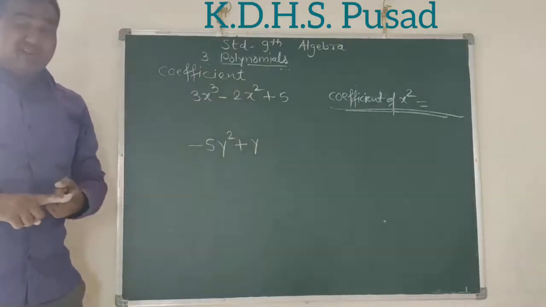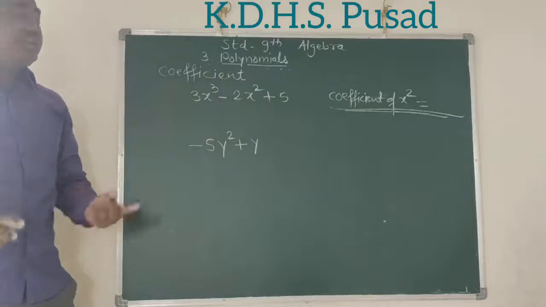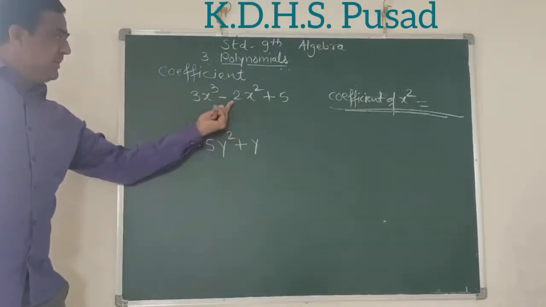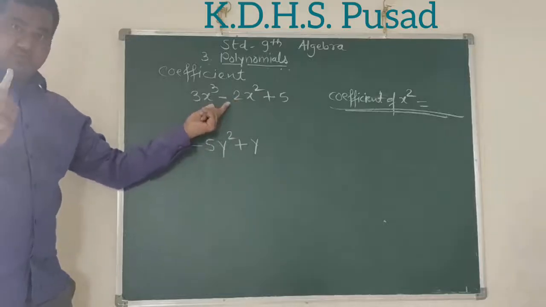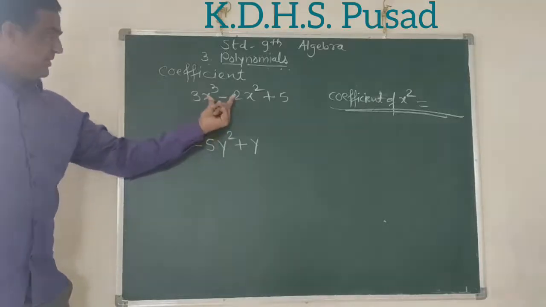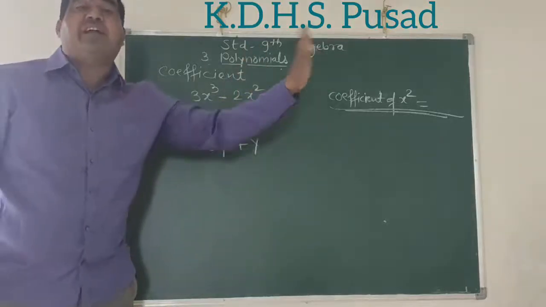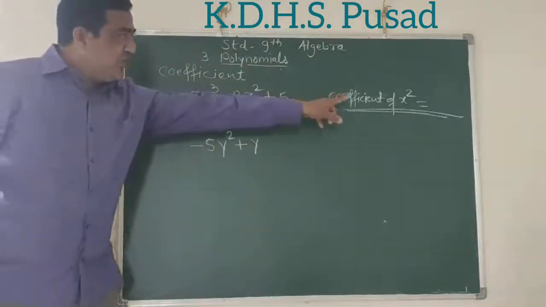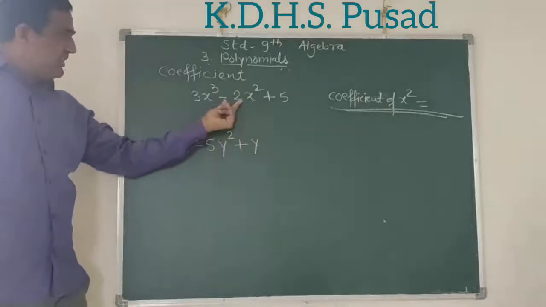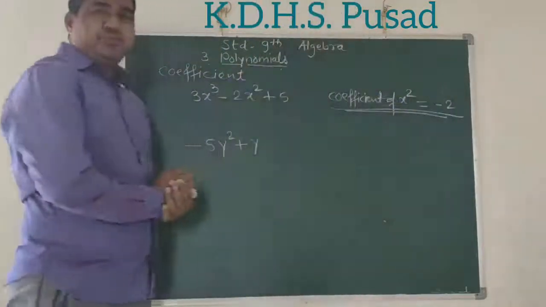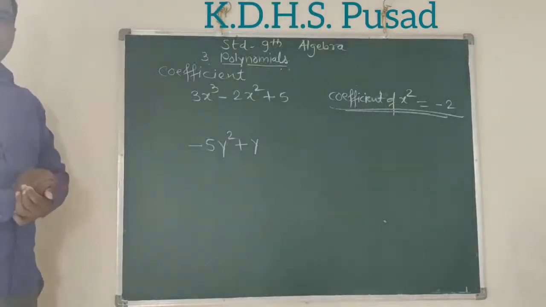I am not saying natural number, I am not saying whole number, I am saying integer. That integer is called the coefficient of that term. So the coefficient of x square is minus 2. Okay.